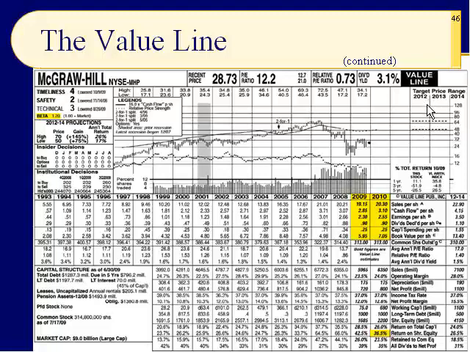See the target price. This was 2009 when they did this, and they're showing you what they believe it's going to be in 2012, 2013, 2014. Is that cool? It shows you the sales, the operating margin, the depreciation, the net profit. More information than you'll ever be able to use.